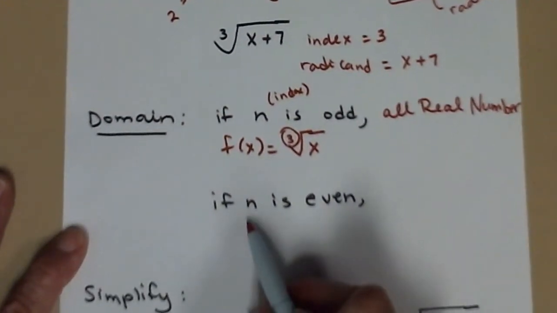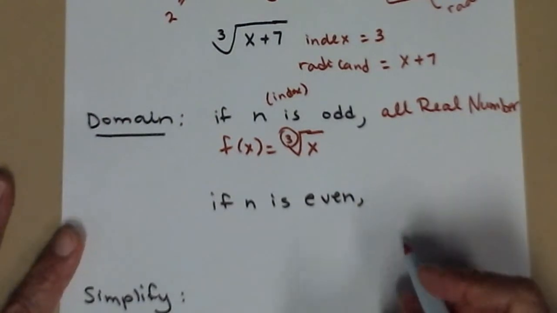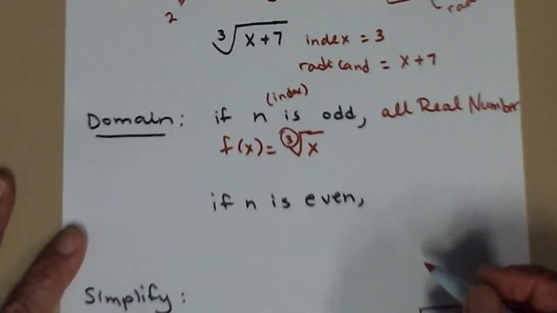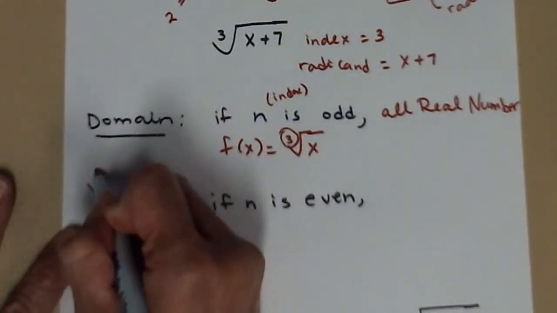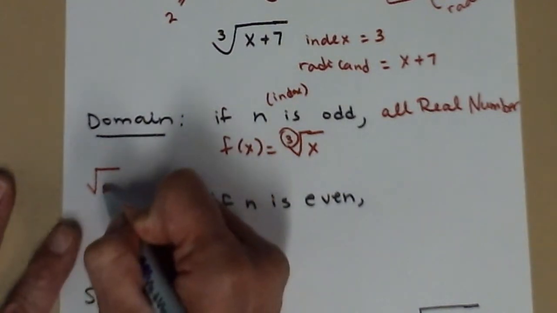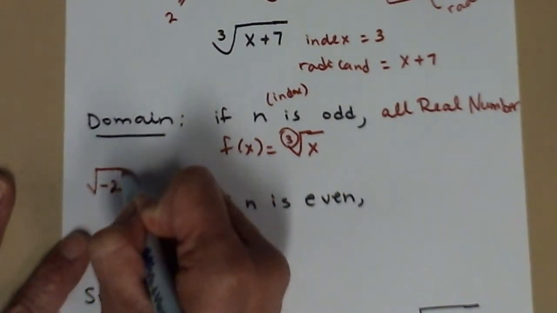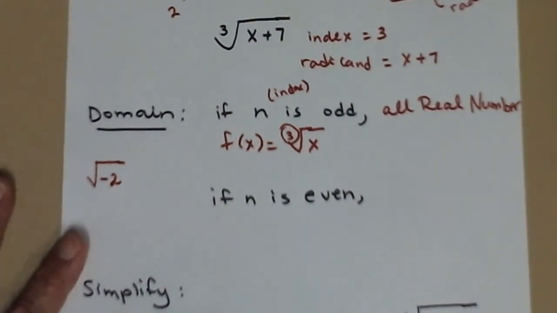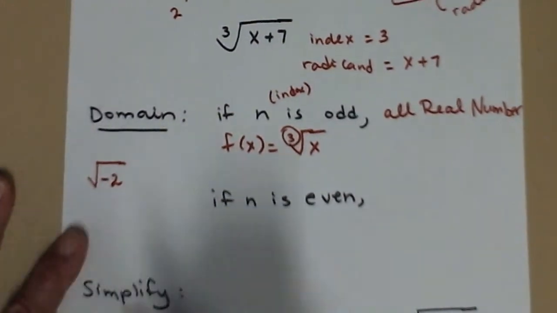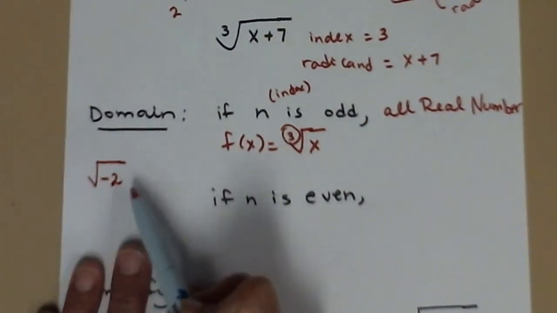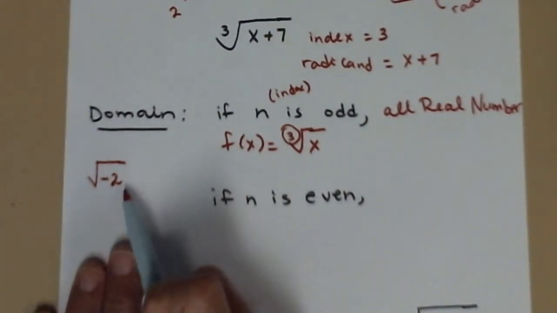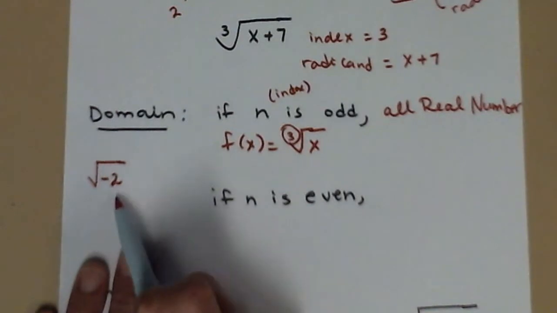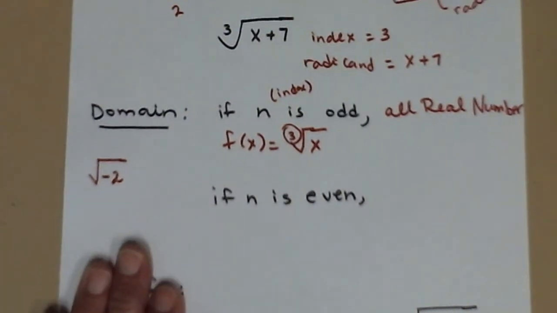If the index is even, however, we have to be careful. You can think about this. Let's say I ask you to do the square root of -2. Some of you know about i. If you don't, it comes up in just a few sections. But we're going to pretend we don't know anything about it, and say that's not a real number. There's nothing I can multiply by itself to get -2.